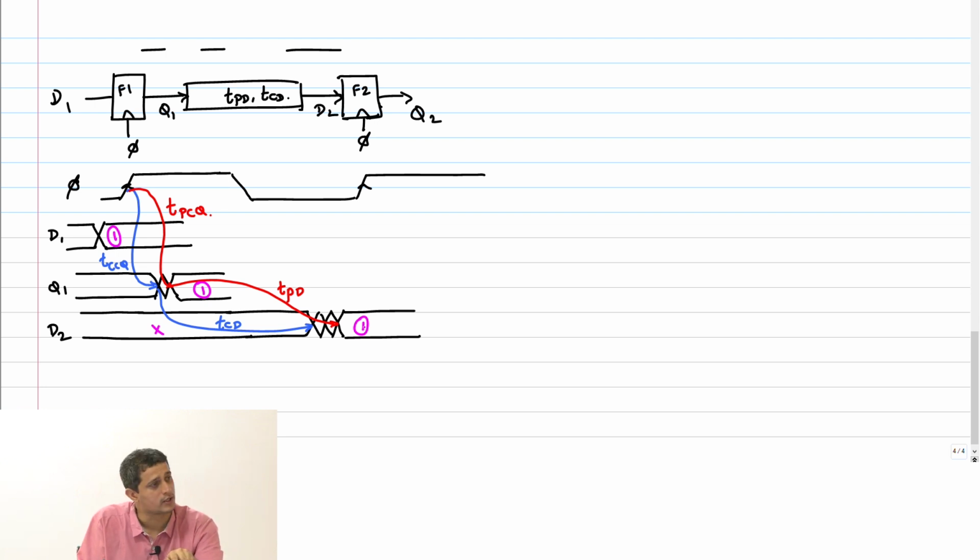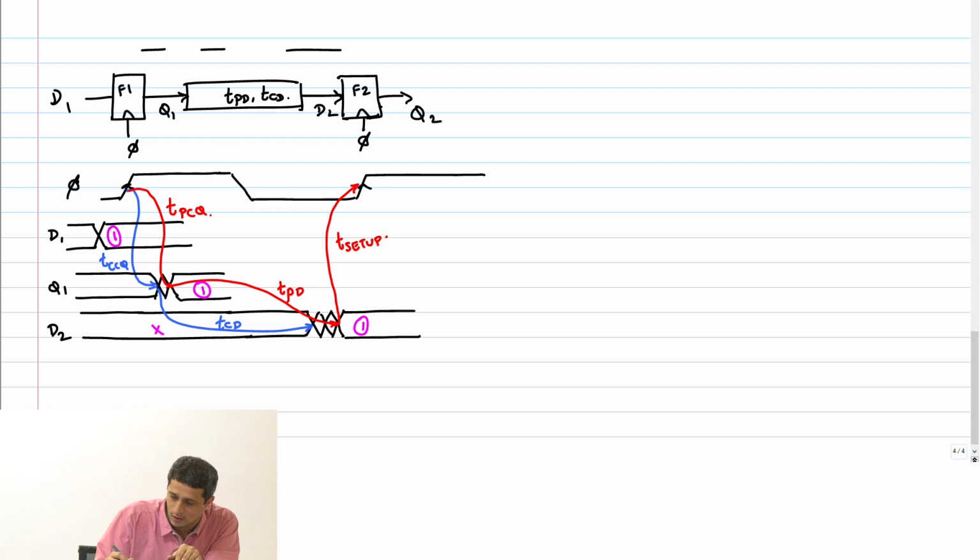So in order for this event 1 to be captured, what is the constraint now? It should settle a setup time before the next clock edge. So therefore, this has to be T setup, correct? This is your clock period.